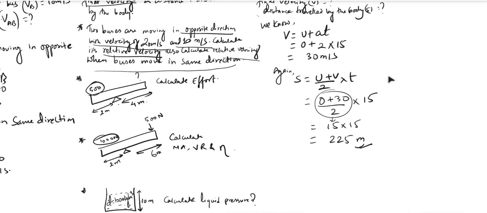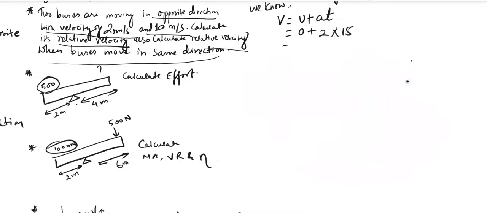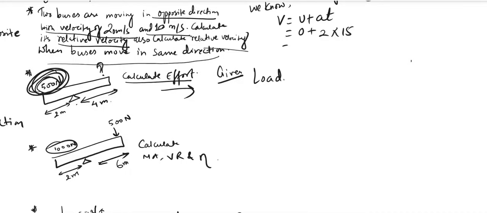This question. Here is given an object with 500 Newton, and it is asking to calculate effort. Now given, this object is a load. Load L is equal to 500 Newton, and effort is asking.